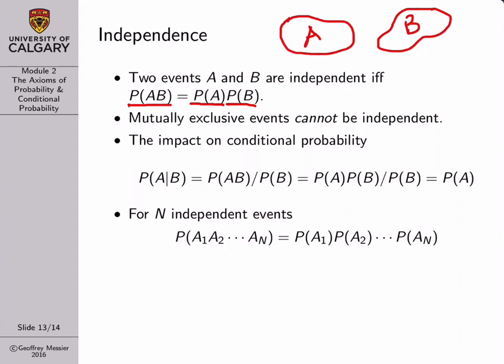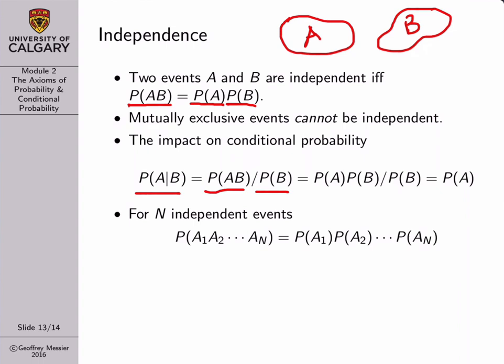We can illustrate the concept of independence through conditional probability. The probability of A, given that B has happened, is equal to the probability of A and B occurring at the same time divided by the probability of B. That's just our standard definition for conditional probability.